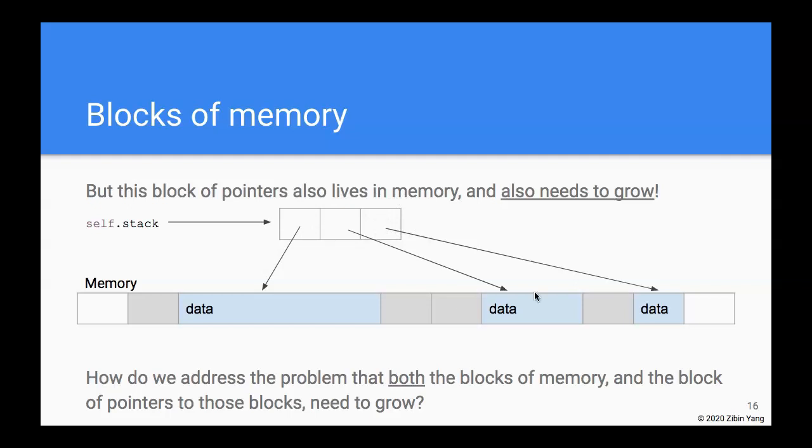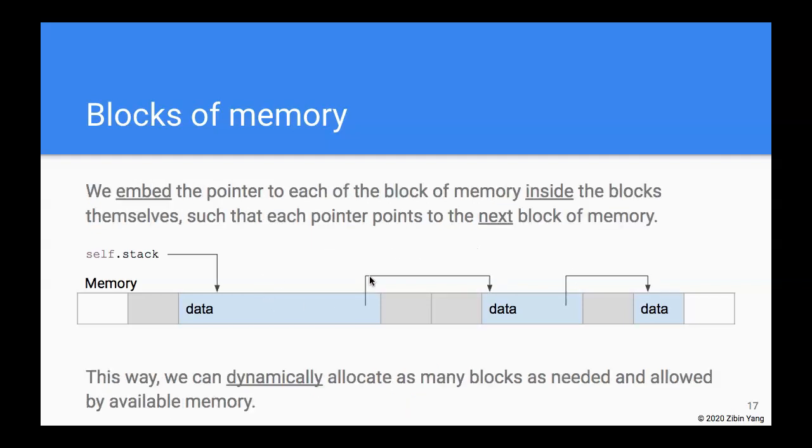So an alternative, better way to do this is, instead of using a separate block of memory to store these pointers to the blocks of data, we would take a little bit of memory in each block that stores the data to store a pointer to the next block of memory that stores our data.